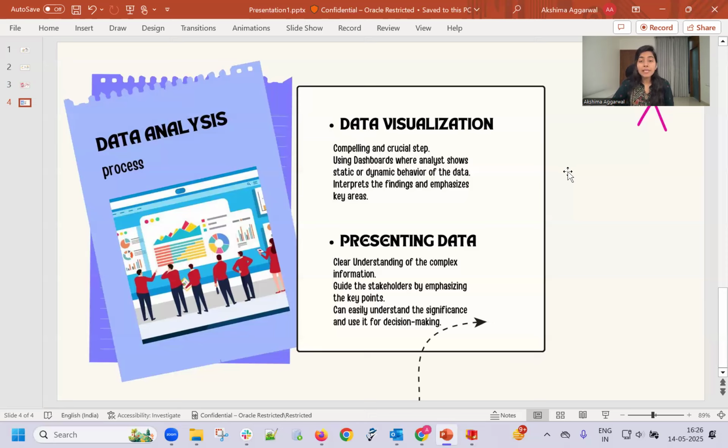Now, the last is presenting the data. After visualization, we have made the dashboards. Now we are going to present it.